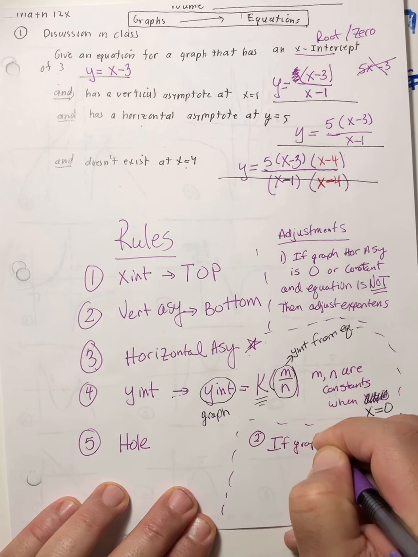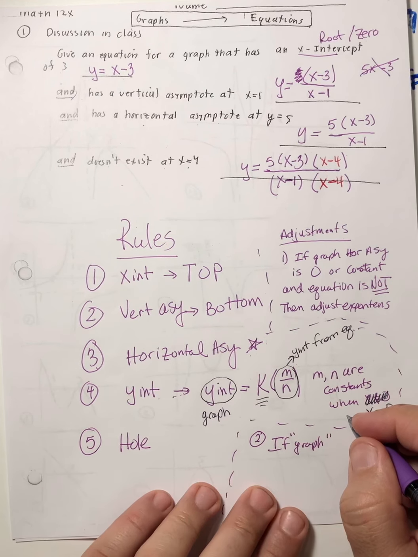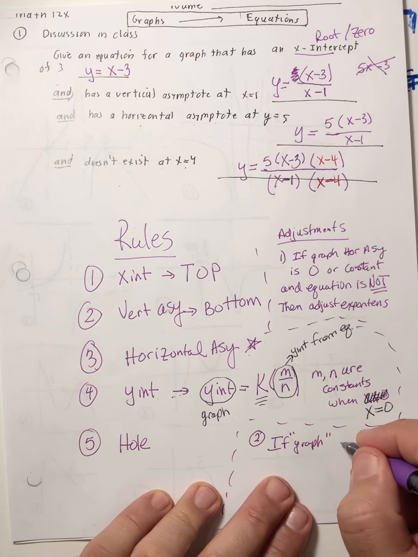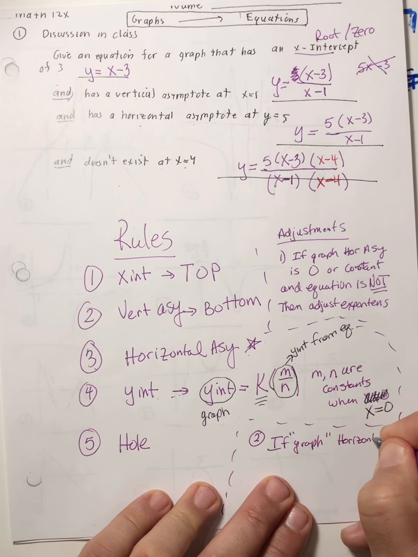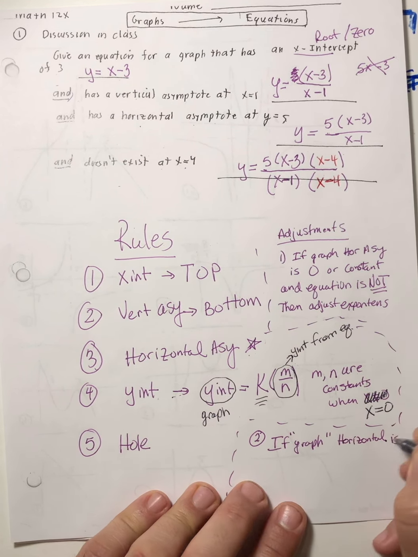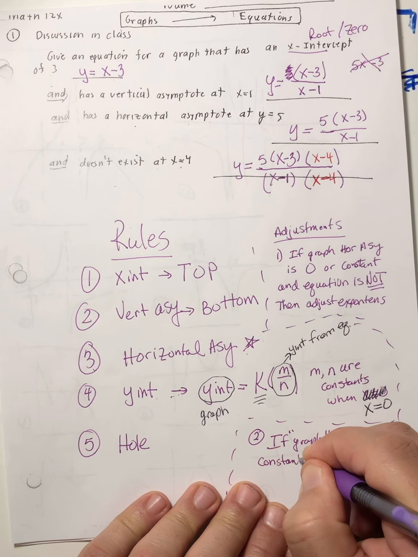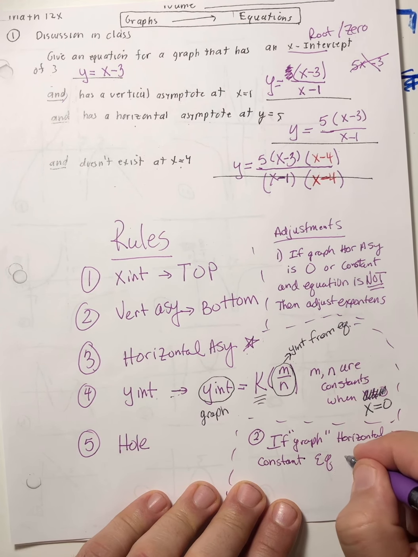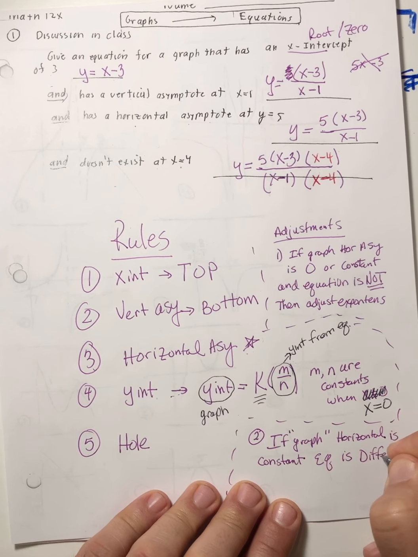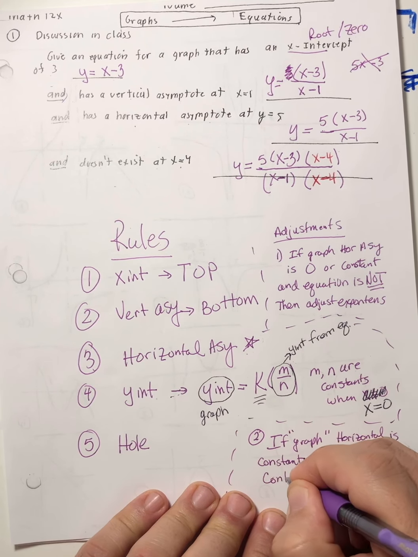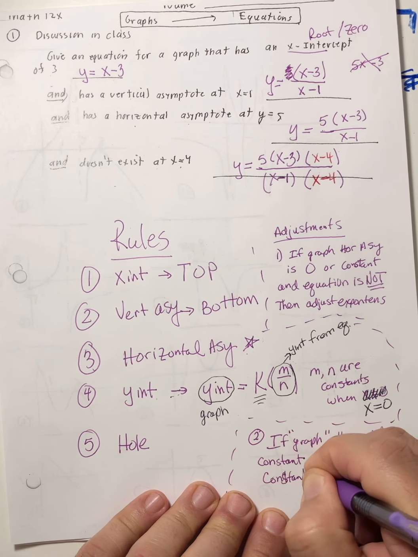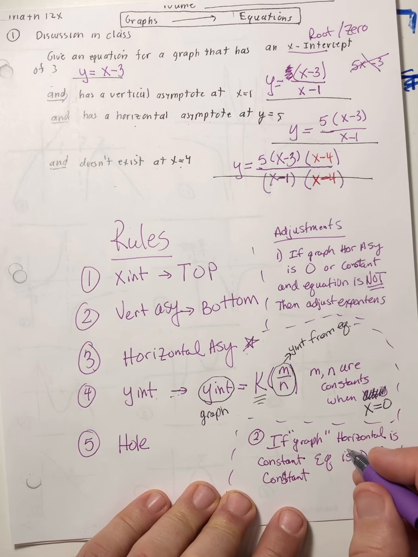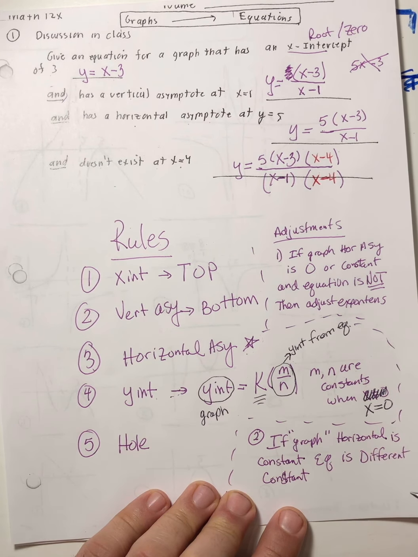If the graph's horizontal asymptote is a constant and the equation's is a different constant, then we adjust the y-intercept, or we multiply by a new constant.